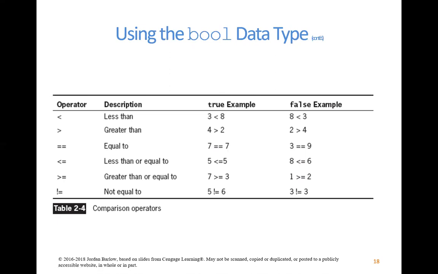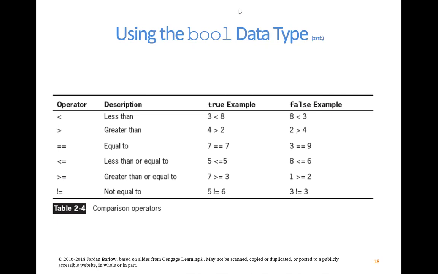That is a true statement. If we type 3 equals 9, that's false. So that is going to return false. You can use something on the left-hand side and the right-hand side of these comparison operators, and it will give you a value of true or a value of false.